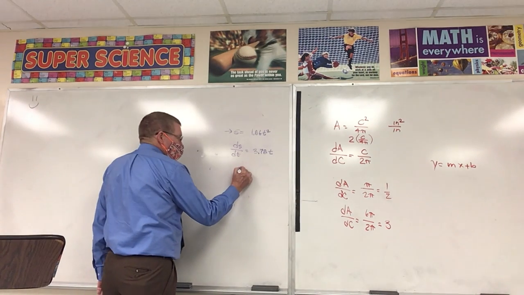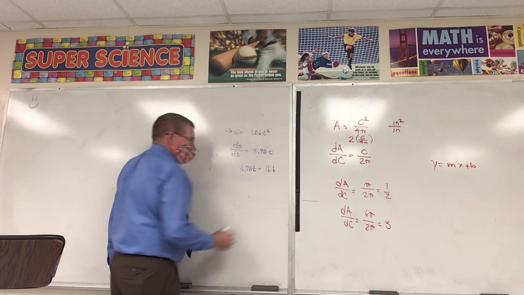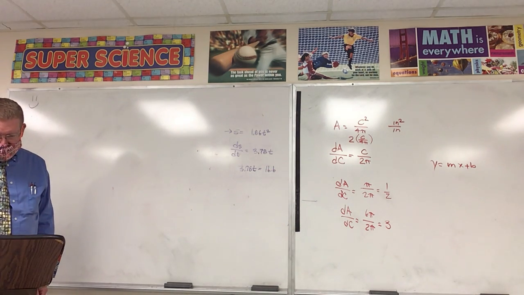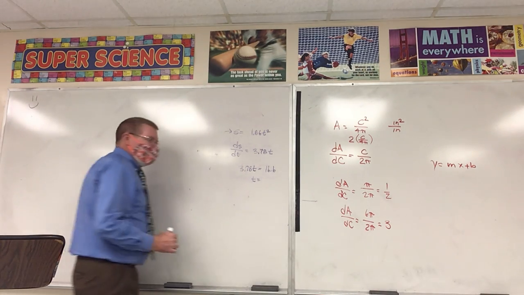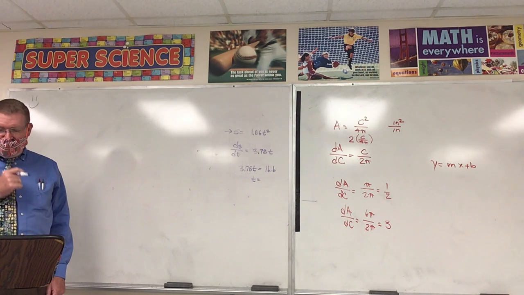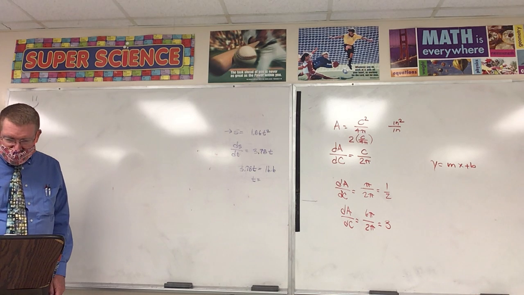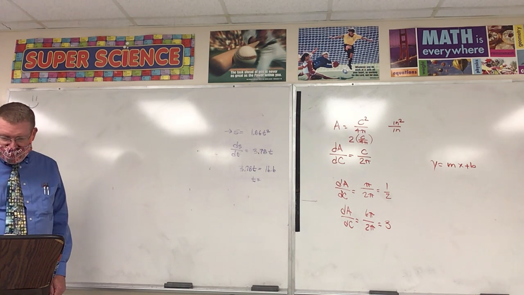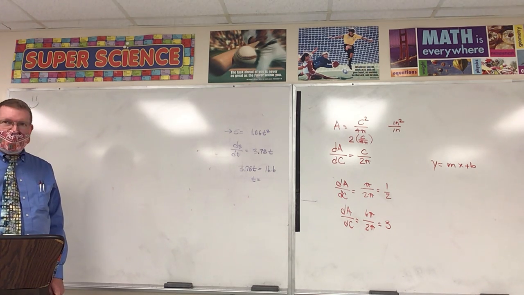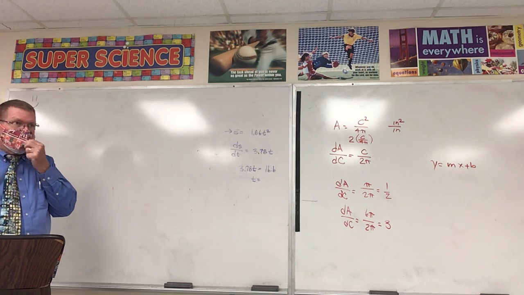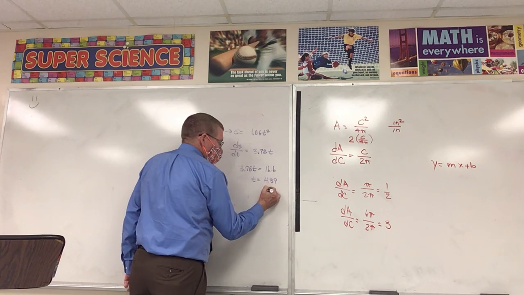So I'm going to say 3.78 t equals 16.6. And I solve for t. Well, when I divide 16.6 by 3.78, what do I get? It's 4.39 seconds.